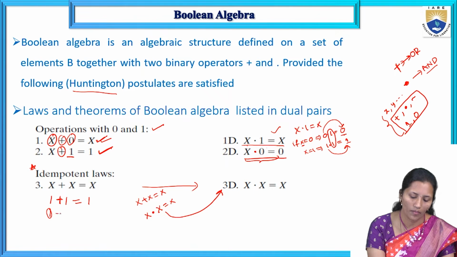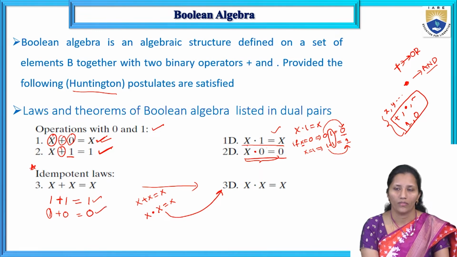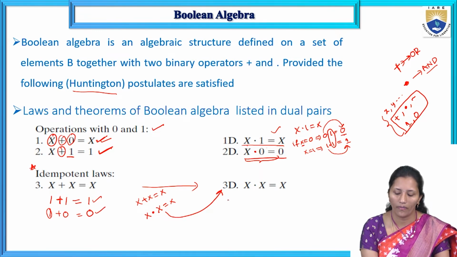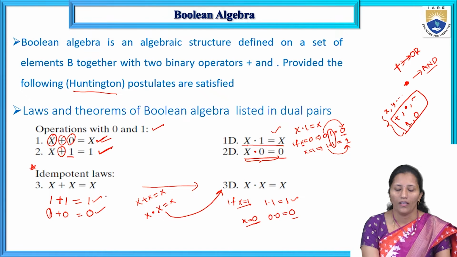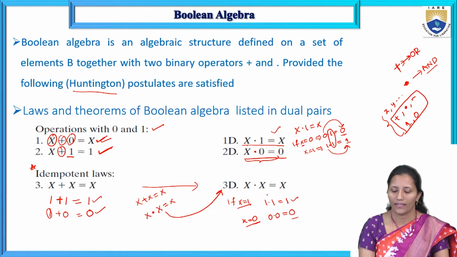Suppose x is equal to 0, 0 plus 0 is equal to 0. Whatever x we are taking, the same x is coming in the output. So x dot x: if x is equal to 1, then 1 into 1 is 1. If x is equal to 0, 0 dot 0 is equal to 0. So whatever x value we are taking, that is coming to the output. So in the idempotent law, x plus x is equal to x and x dot x is equal to x.